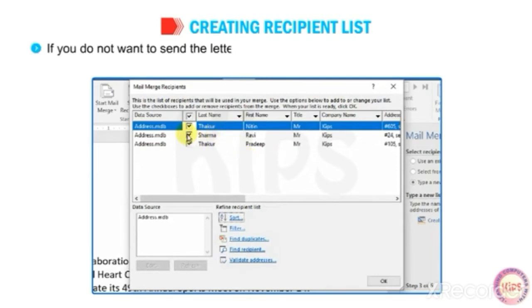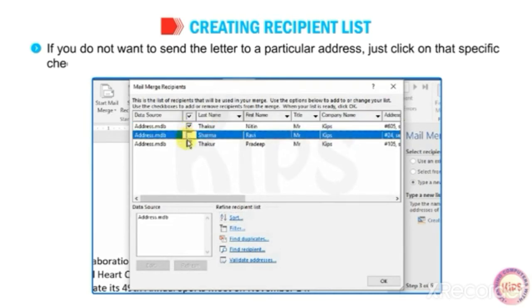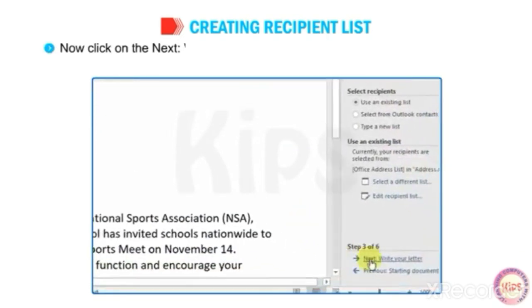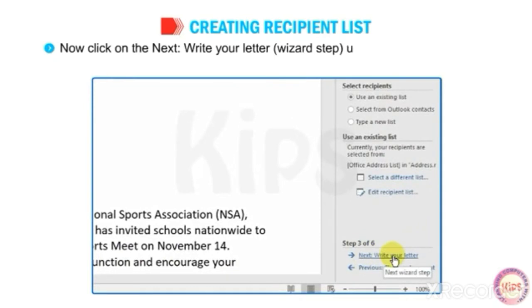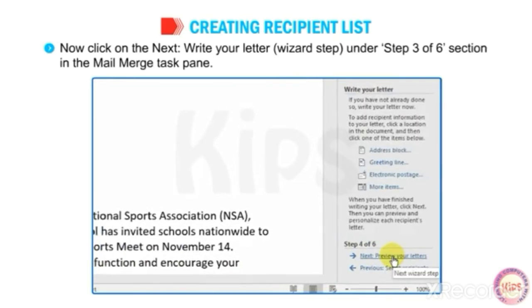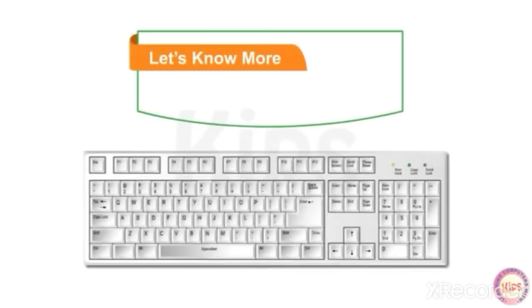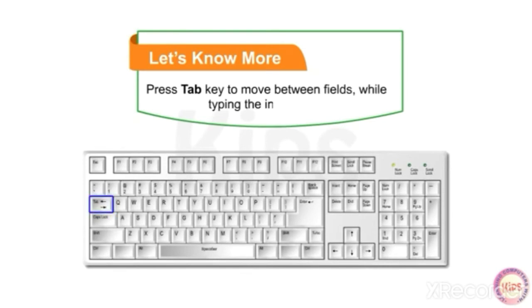If you do not want to send the letter to a particular address, just click on the specific checkbox to deselect it and then click OK. Now click on the Next: Write your letter wizard setup under the Step 3 of 6 section in the Mail Merge task pane. Let us know more. Press the Tab key to move between the fields while typing the information.